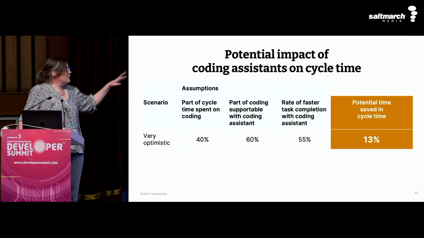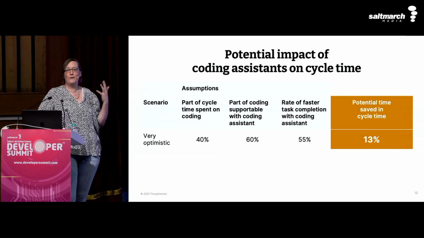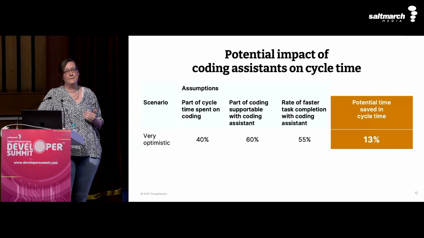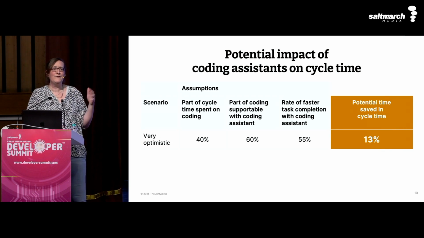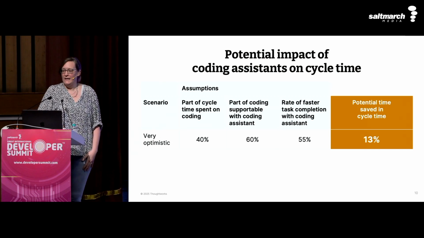But if you look at this, that would have an impact in this scenario of 13% on your cycle time, which you might not even see because cycle time is often quite variable. But still, if this is actually happening, then I think that's quite good. Just because we're anchored on the 50% doesn't mean that this is not good, right?